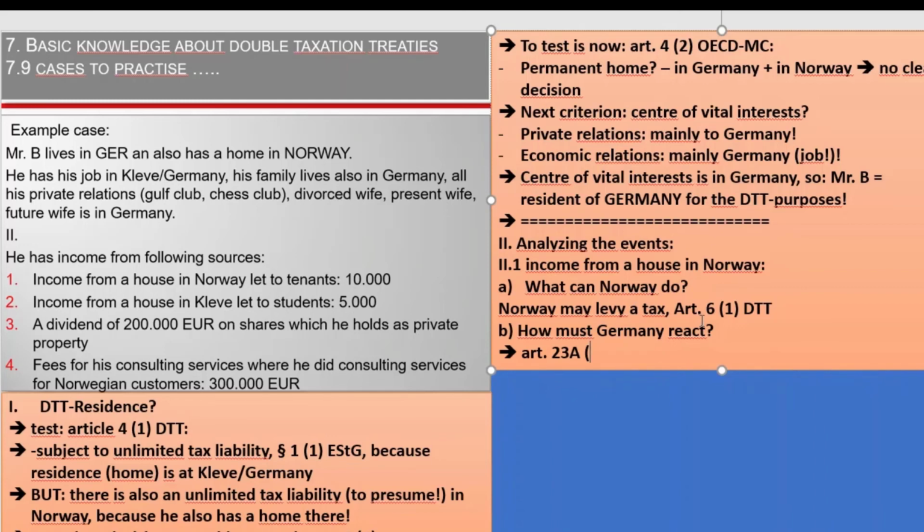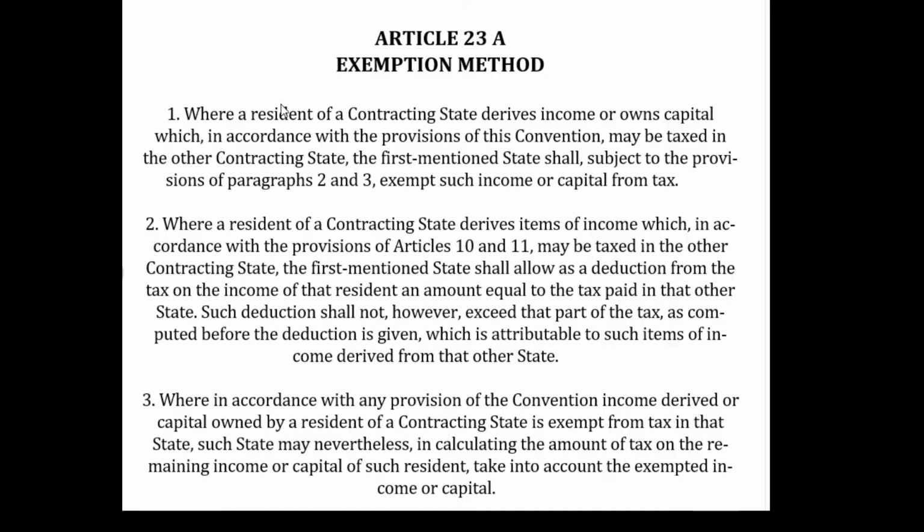Well, let's look. So, basic rule 23A, first paragraph, where a resident of Germany gets income, which may be taxed in the other state, so in Norway, where a German gets income which can be taxed in Norway, the first mentioned state, that was Germany, shall exempt such income from tax.